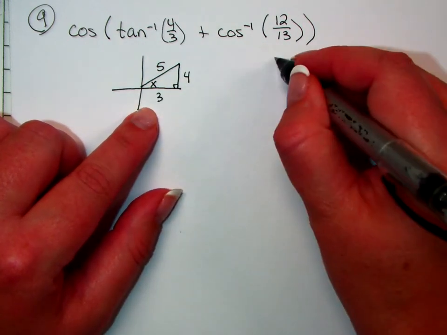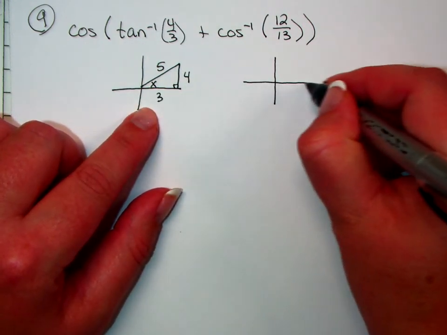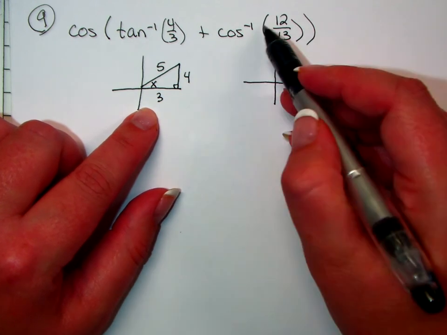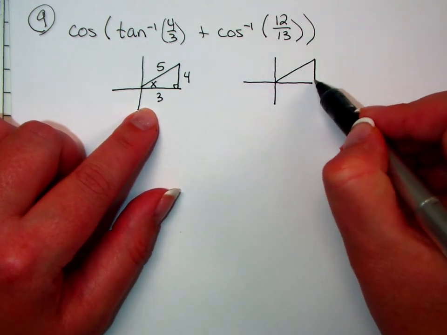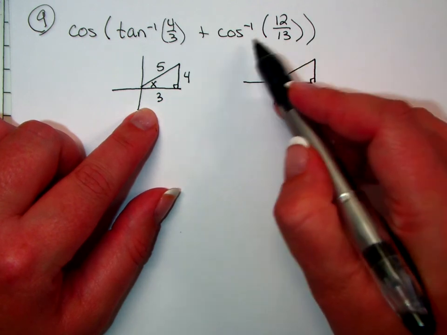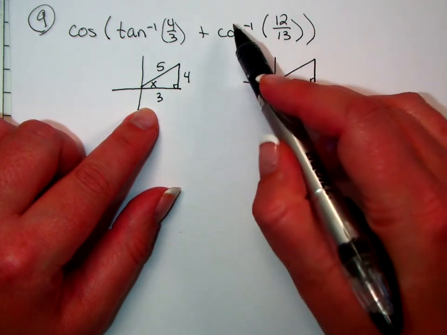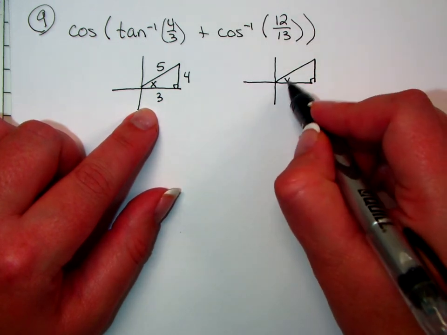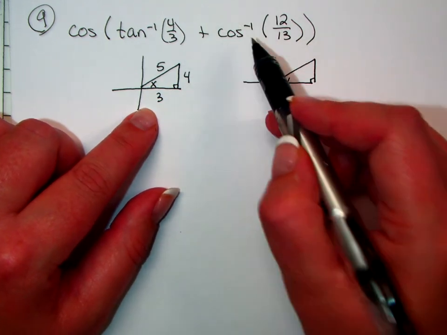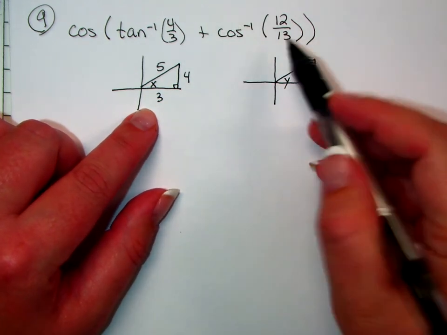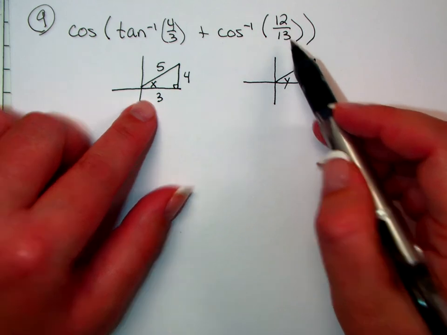Now I'm going to do another triangle for the cosine inverse. This ratio is positive, so I'm going to draw the triangle in quadrant 1 as well. Now this is a different angle because it's a different triangle, so I'm going to let this be y. The answer here is some angle y, right? So I'm going to go ahead and continue drawing the triangle though.